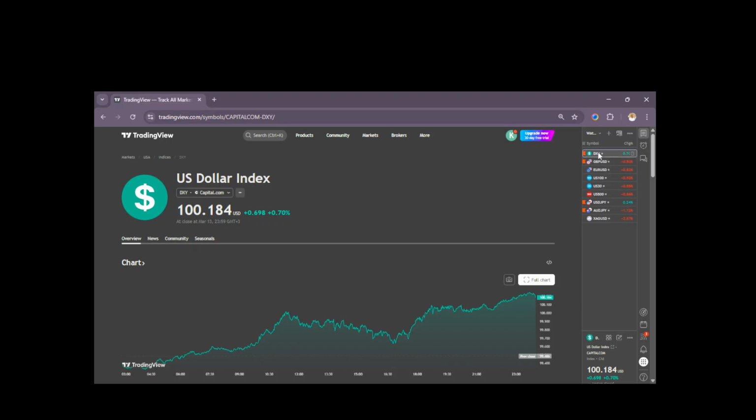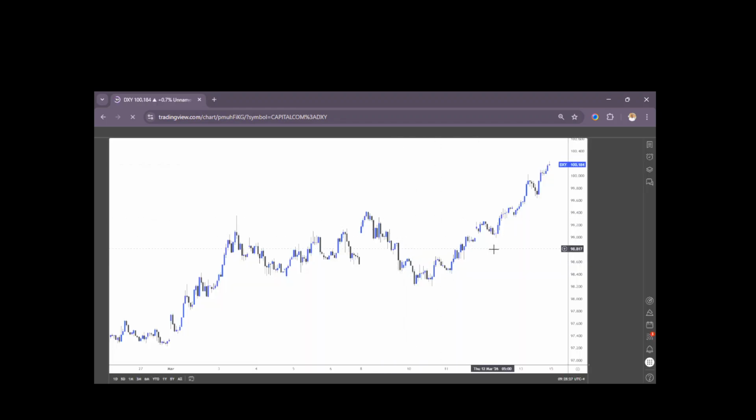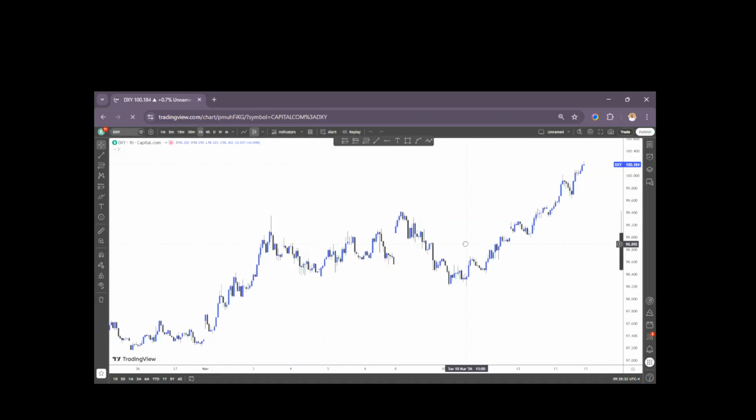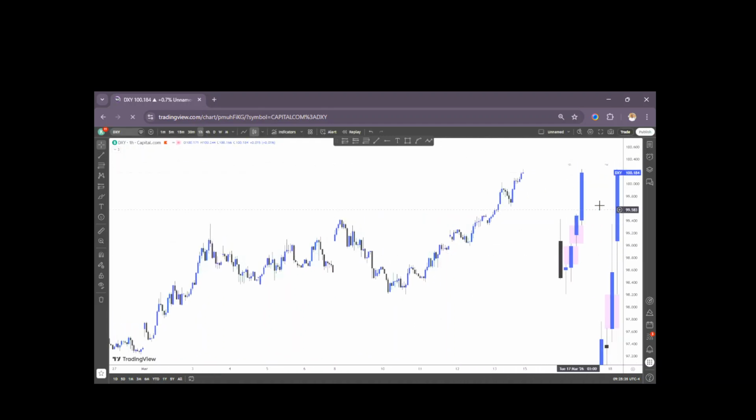So whenever the DXY is going up, or the dollar is becoming strong, the EUR/USD and the GBP/USD will be moving in the opposite direction. That is where we normally start from, our DXY.